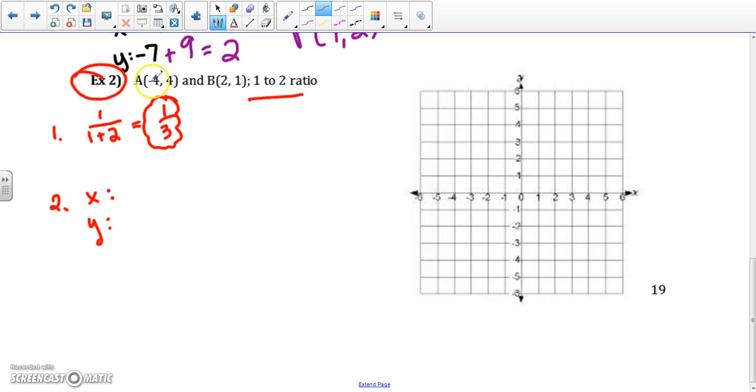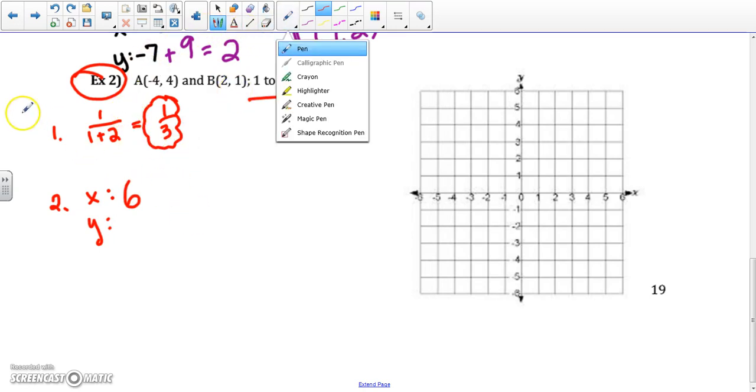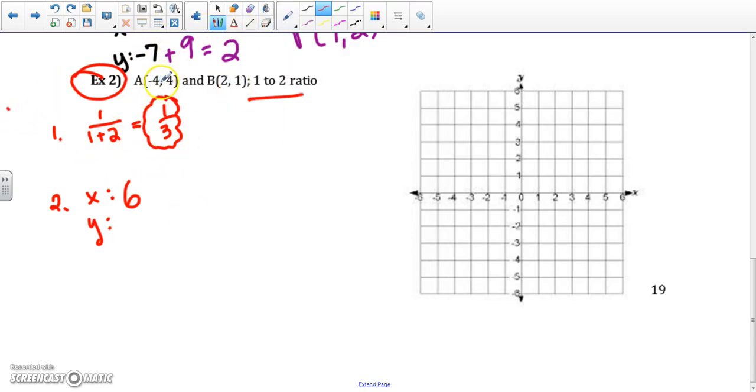So the x's from -4 to 2 is 6 units. My y distance, careful now, from 4 down to 1 is -3. That's really important. Okay, so -4 up to 2, we're going up 6 units.